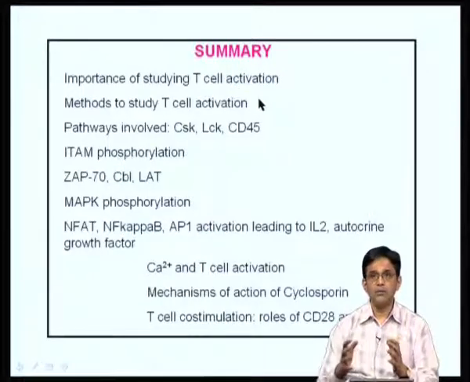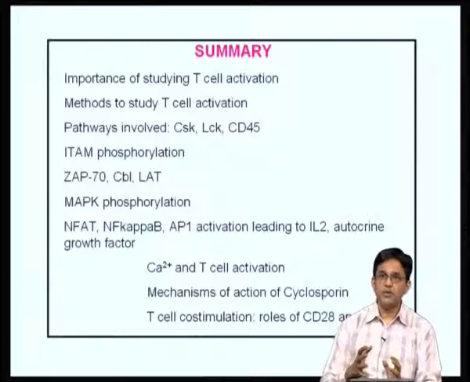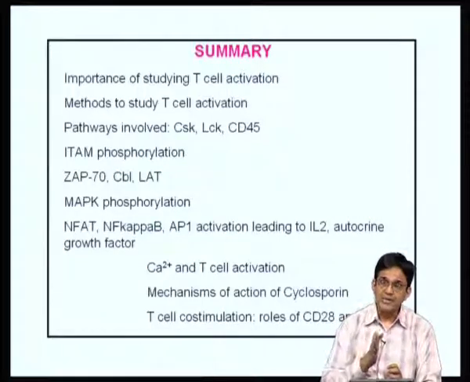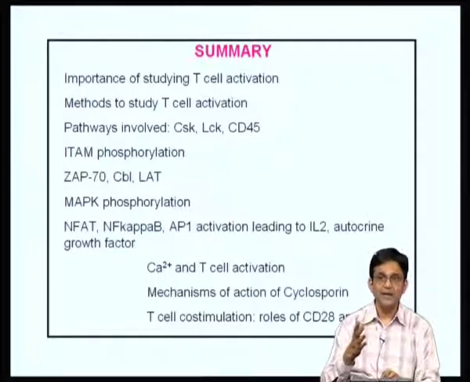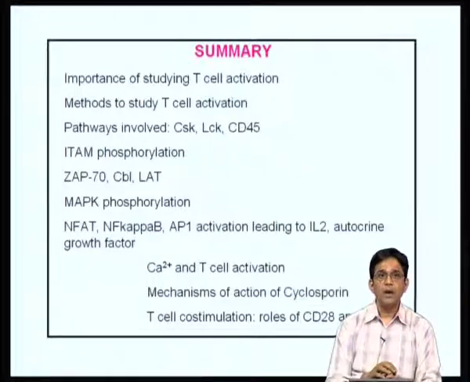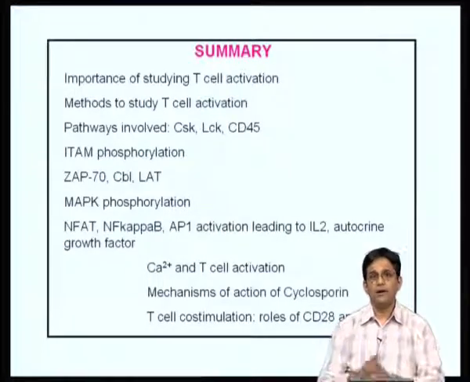Now, in most methods, what people use is antibodies to send a signal through the T cell receptor. You can use anti-TCR or anti-CD3. Anti-CD3 is more commonly used. There are different pathways that are involved.